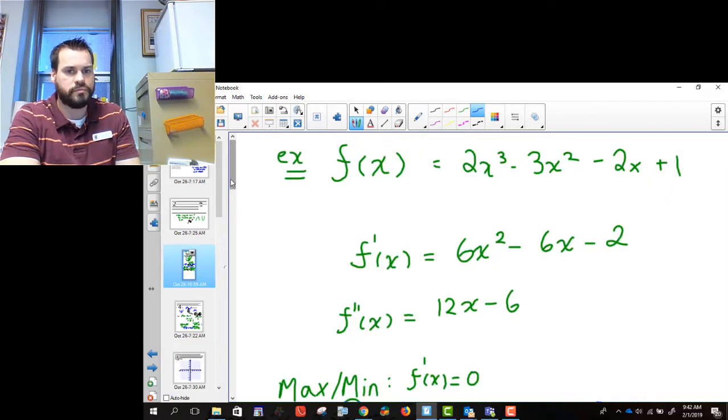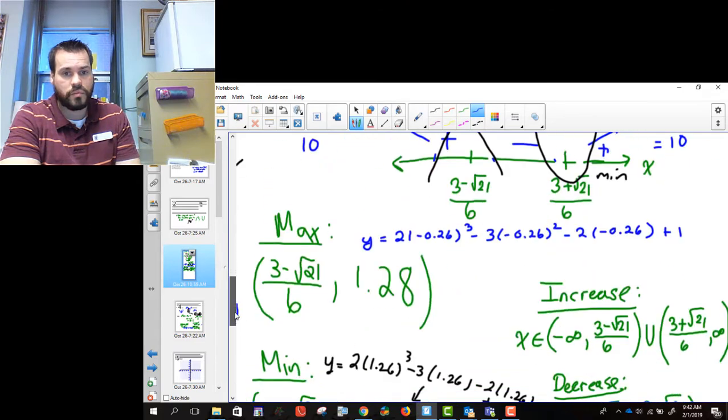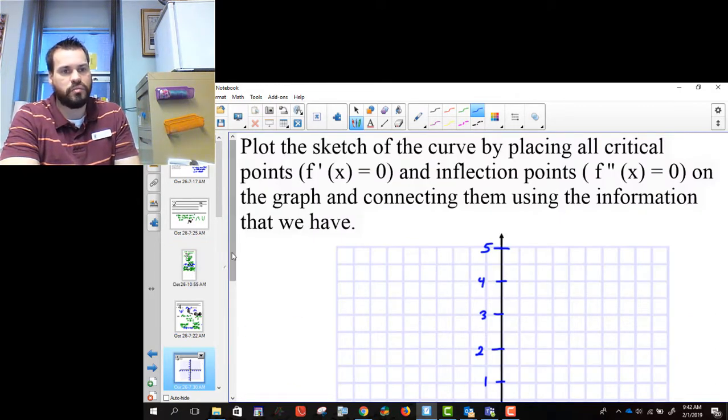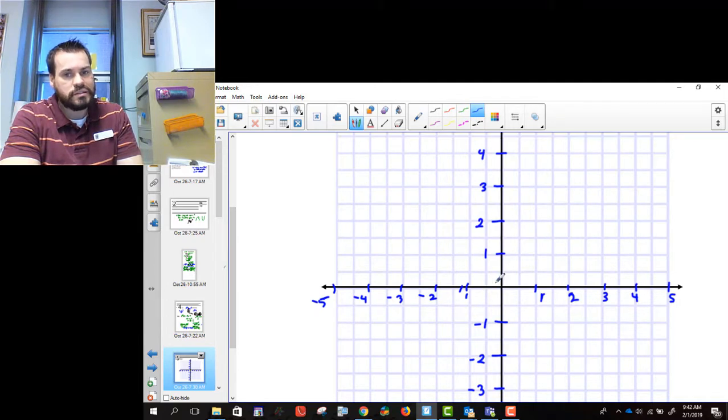First, we found 2 points, negative 0.26 and 1.28. So negative 0.26 and 1.28 is sort of here-ish, and that's our maximum.